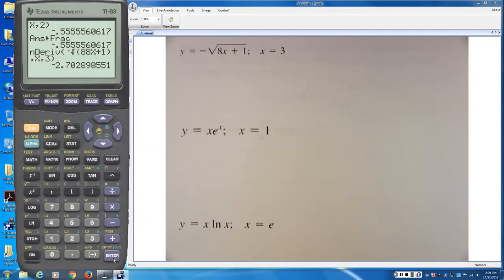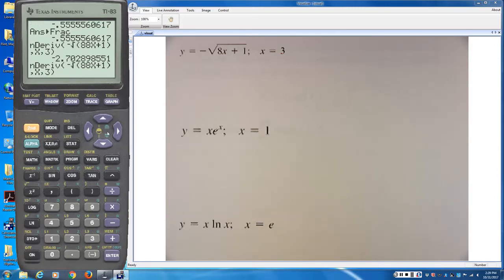So this will be negative 2.70. I keep forgetting this one repeats clicks sometimes.